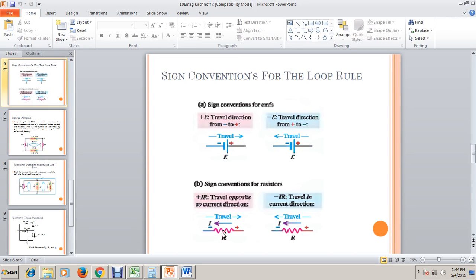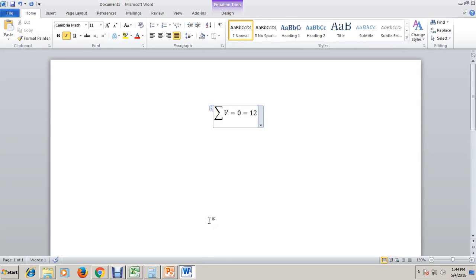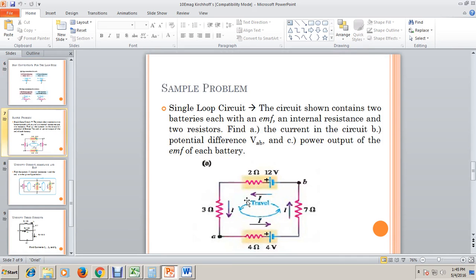If they are in opposite directions, the sign of the voltage and the IR term would be positive, while if they are in the same direction, the sign of the voltage and the IR term would be negative. For the 2 ohm resistor, the direction of travel is from right to left, and the direction of the assigned current is also from right to left, so they are in the same direction.